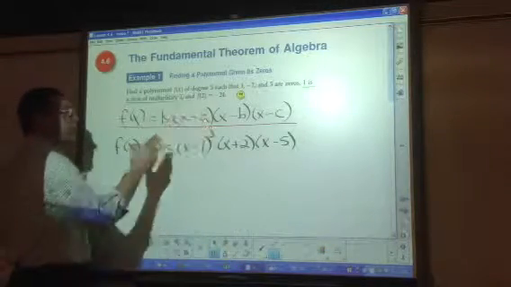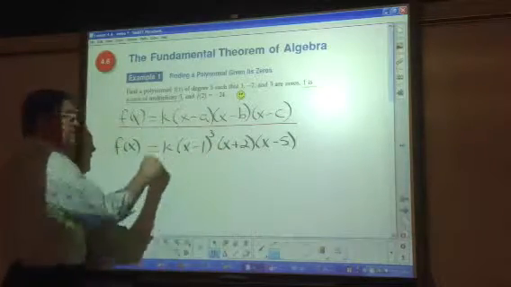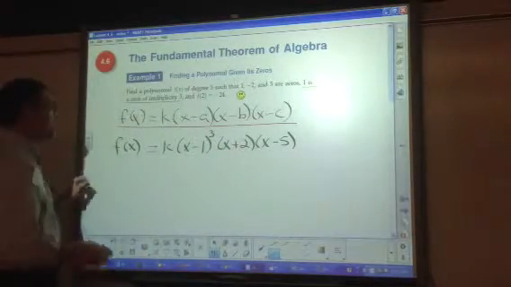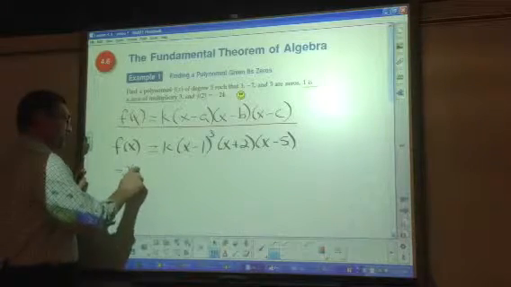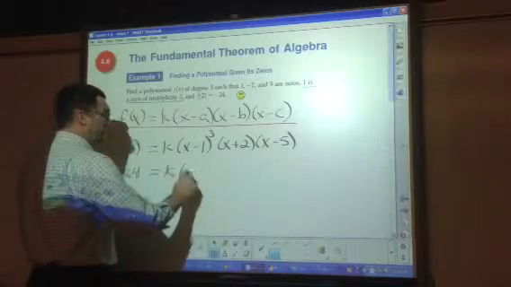So now, before we go on and do all the multiplying, we're going to find our value of k. And to find the value of k, we're going to put in negative 24 for f of x, and we're going to put 2 in here for x.